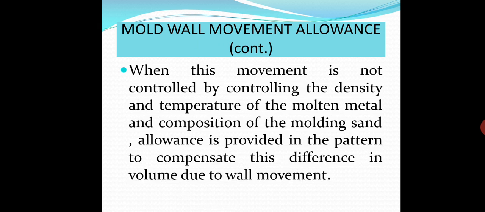When this movement is not controlled by controlling the density and temperature of the molten metal and the composition of the molding sand, an allowance is provided in the pattern to compensate for this difference in volume due to wall movement. This is known as wall movement allowance.